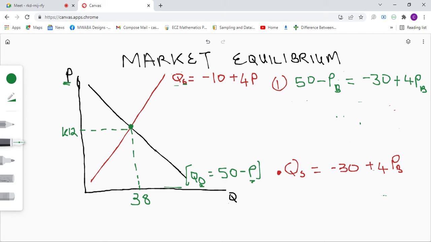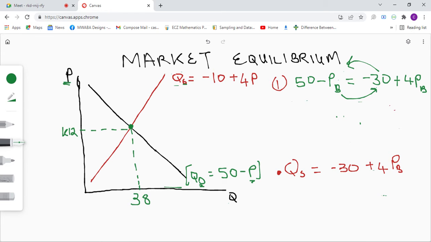We've equated the functions. Step two, we calculate the price which buyers are paying, because we're looking for the value of PB. PB represents what the consumers are paying. So we put like terms together. The negative 30 will cross over the equal sign, and the negative PB will also cross over.